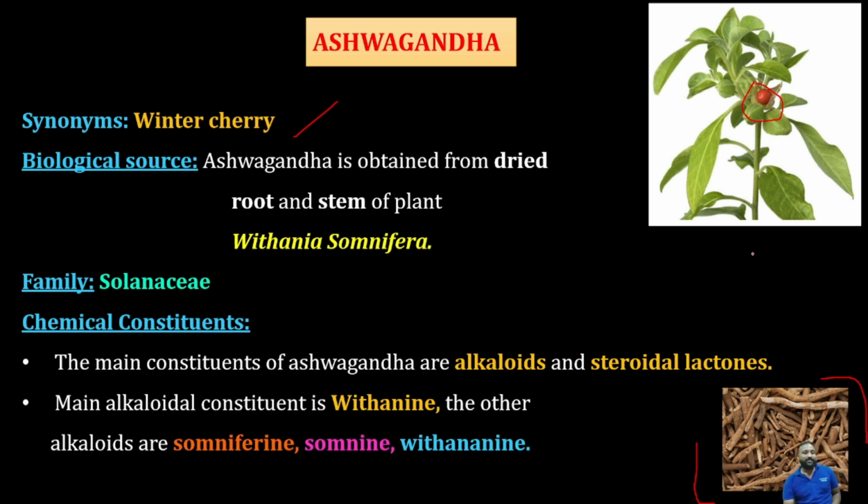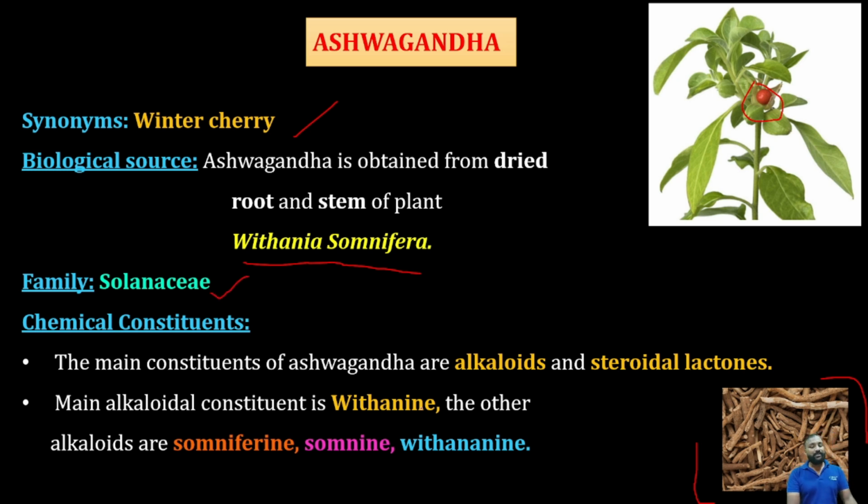Coming to the source: ashwagandha is obtained from the dry root and stem of the plant called Withania somnifera. Do you remember this word? From the source itself we name all the chemical constituents. The family is Solanaceae.